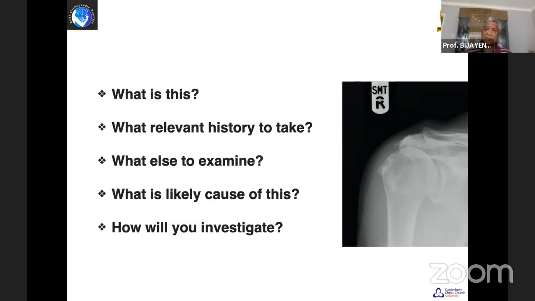At this stage, then the discussion could go, let's go through the approach. So the approach would be that in an appropriately consented, marked and anesthetized patient, I would put the patient in a beachchair position.